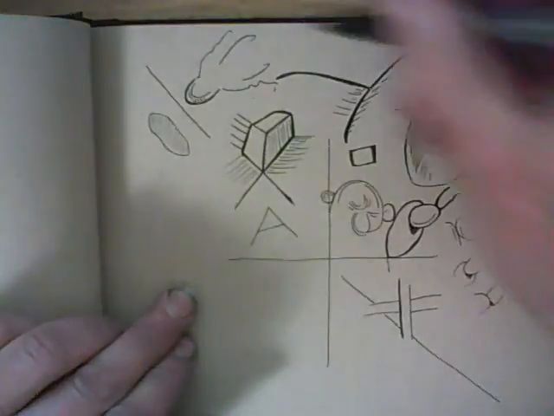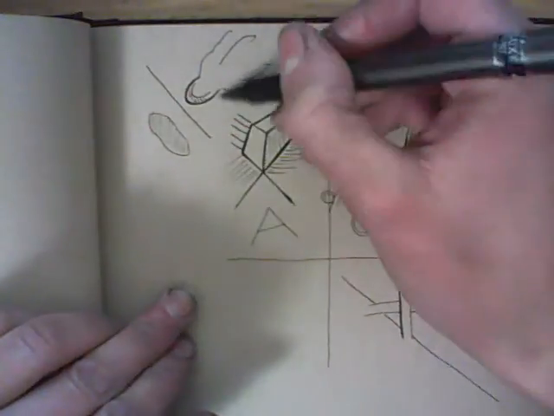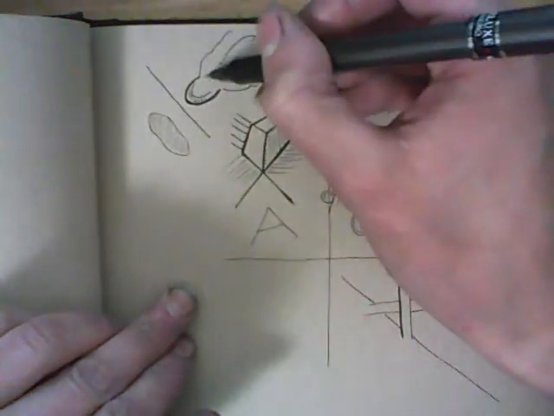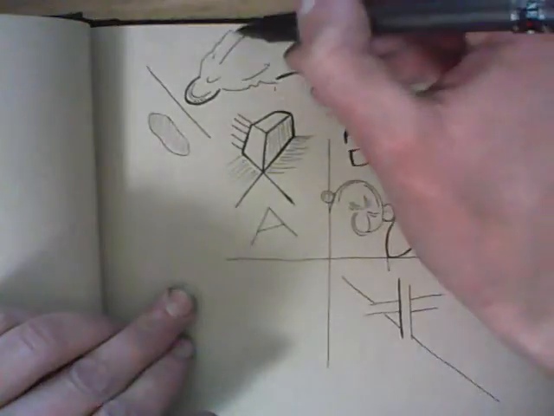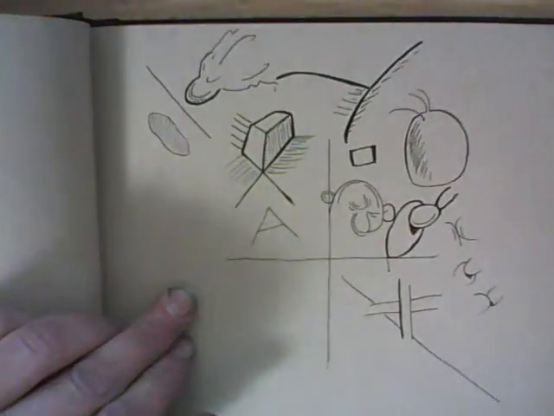And I don't know what a meteor looks like. Is it still a meteor when it's in the atmosphere, or does it turn into a meteorite when it hits the ground? I'm not sure.